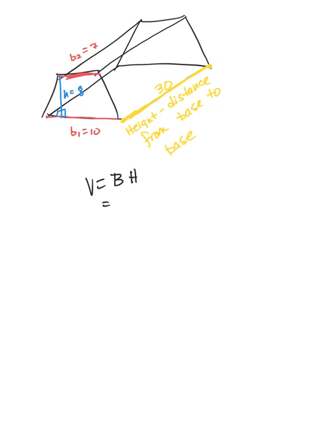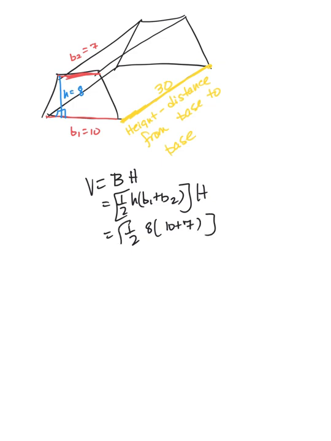But the base area here is 1/2 height, base 1 plus base 2. So you have that times the height. And then you just put in your numbers. So we have 1/2 times the height, which is 8, times base 1 plus base 2. All of that times 30.